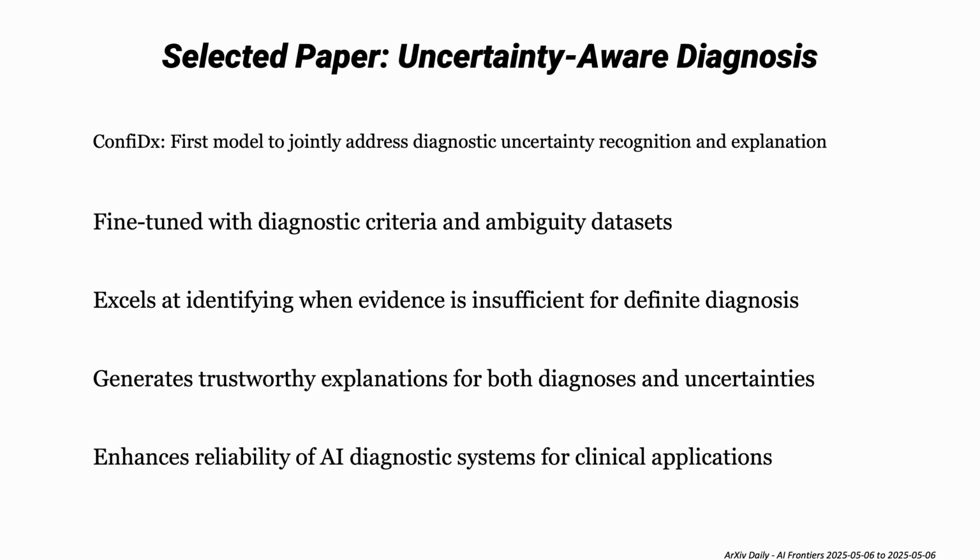The researchers developed ConfiDx, an uncertainty-aware LLM specifically designed for explainable disease diagnosis. They formally defined the task of uncertainty-aware diagnosis, assembled richly annotated datasets capturing varying degrees of diagnostic ambiguity, and fine-tuned open-source LLMs with diagnostic criteria.